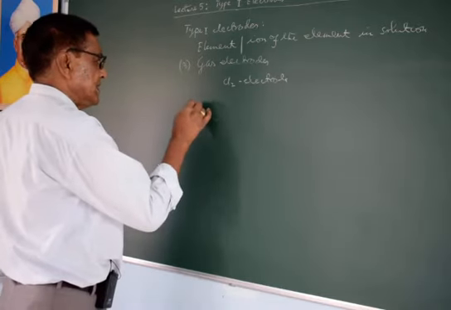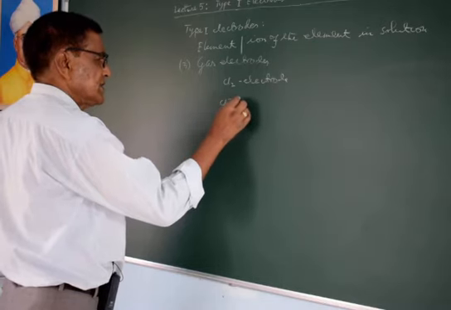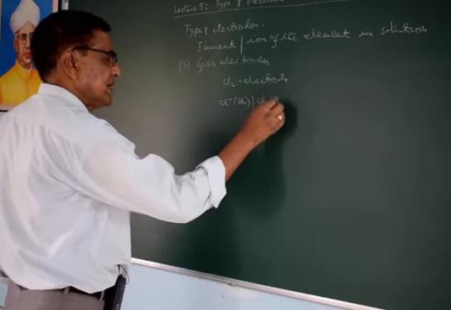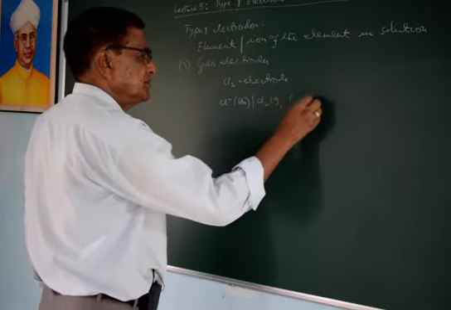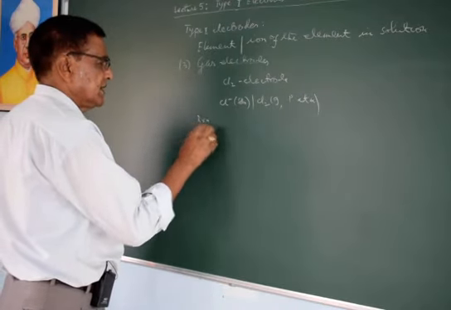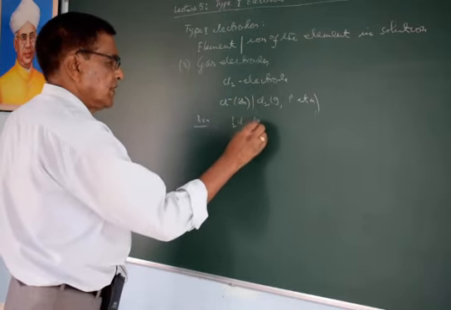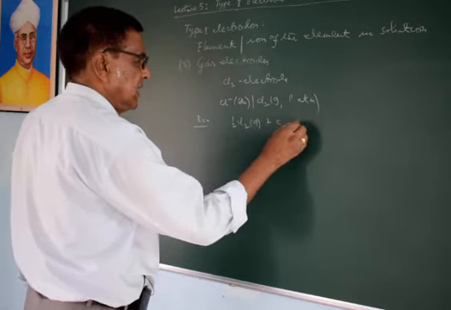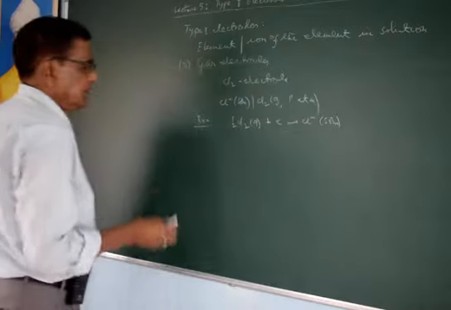In this case the representation will be like that: Cl- in solution, Cl2 gas at P atmosphere. And the reaction is half Cl2 gas plus electron giving Cl- in solution.